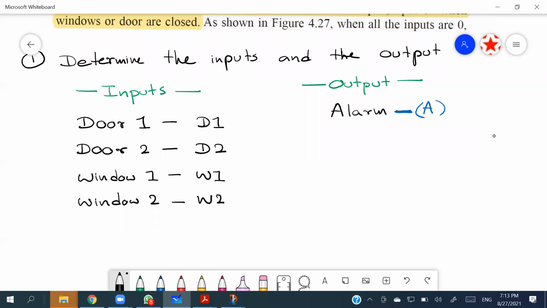Once you figure out the inputs and the output, you have to figure out the states of these inputs and outputs. Because when it comes to logic gate circuits, we are always working with ones and zeros. Regardless of an input or an output, it always indicates two kinds of states. If you take a door, open is one state and close is the other.